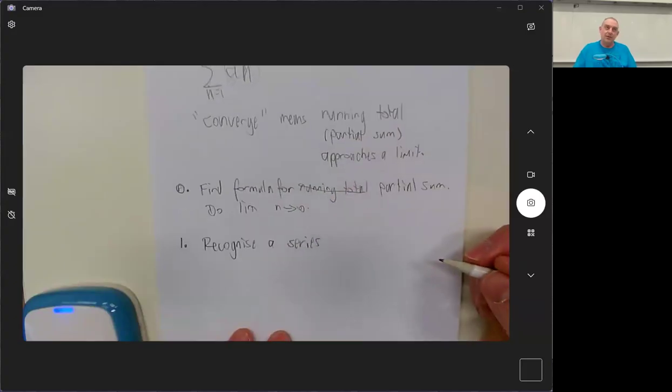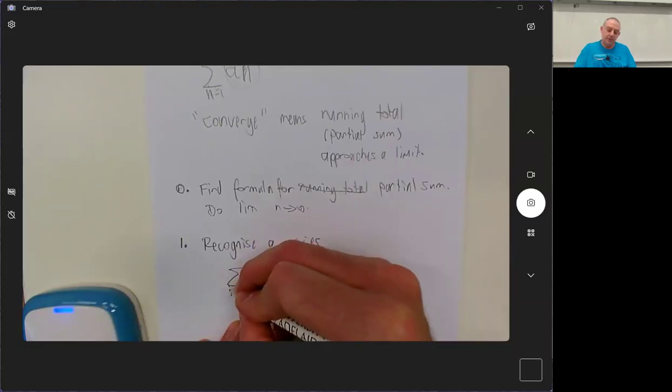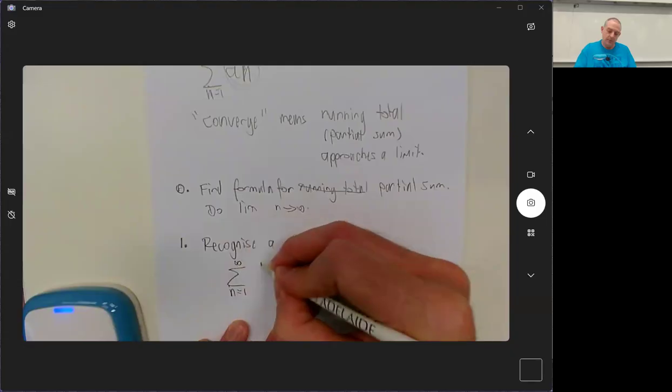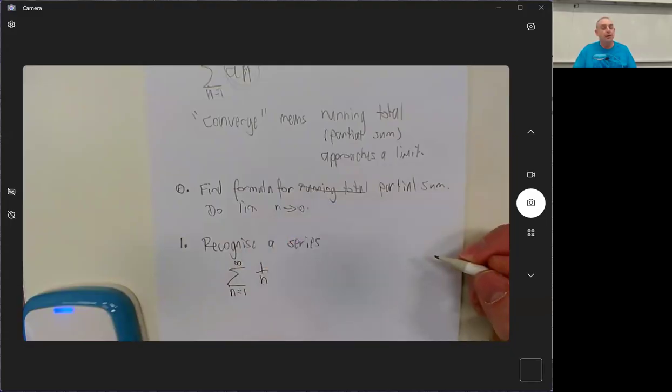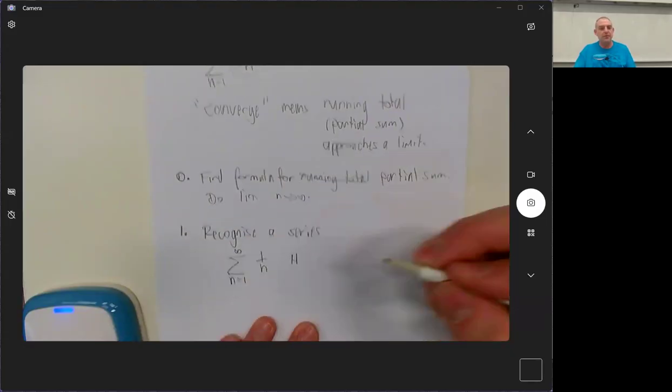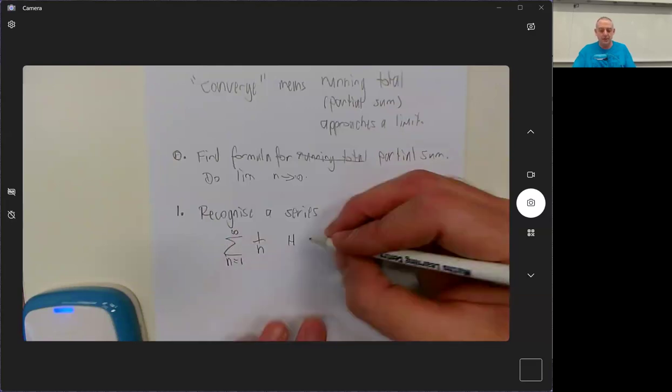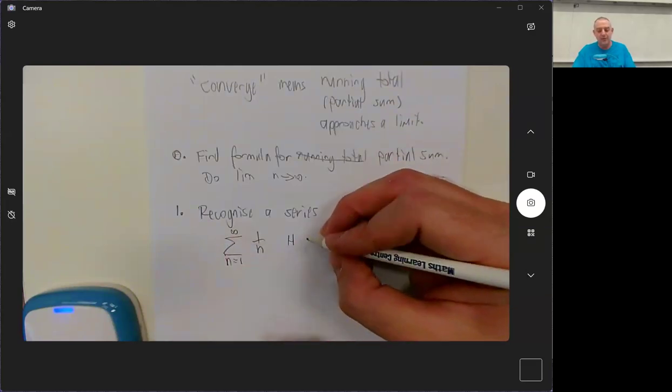And the classic series that you're supposed to be able to recognize in this course are that one, which is called the harmonic series, the sum from 1 to infinity of 1 over n.